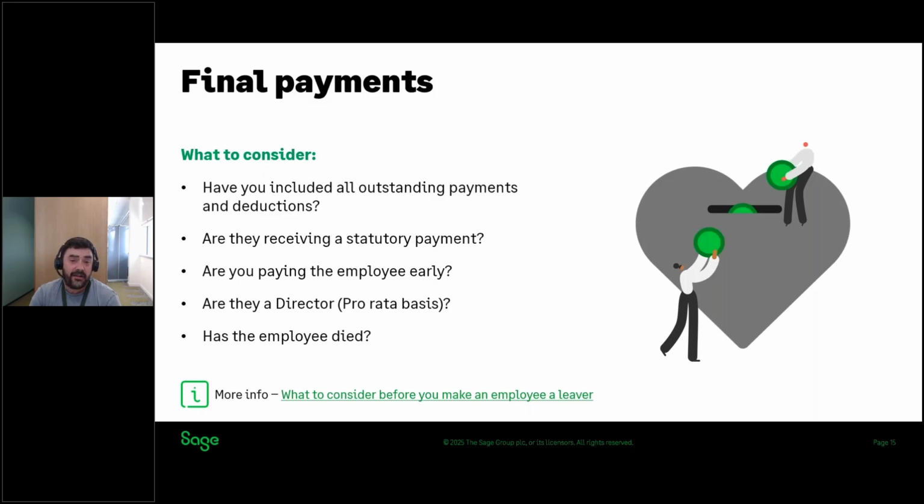Second thing to look at is whether they're receiving a statutory payment, particularly statutory parental payments. In a lot of cases, if an employee is receiving SMP and then for whatever reason they decide to leave in the middle of their maternity leave, you may need to pay them the remaining SMP as a lump sum with their final pay, or you'd need to continue paying them their SMP until that was due to end.